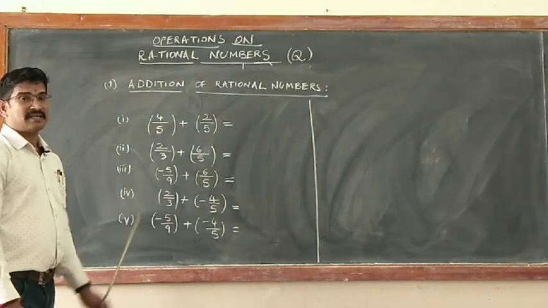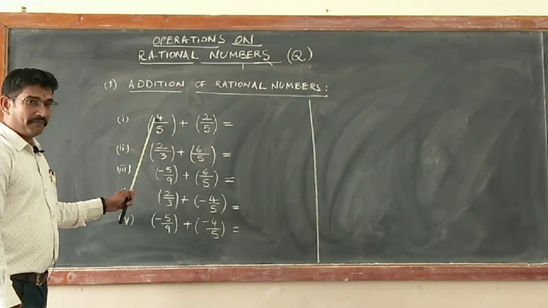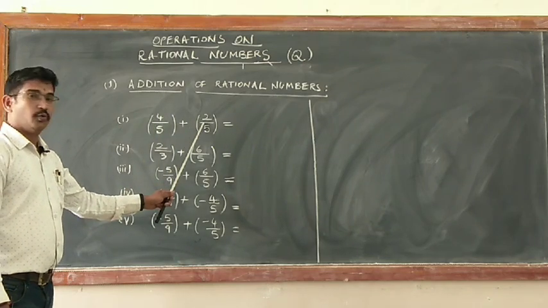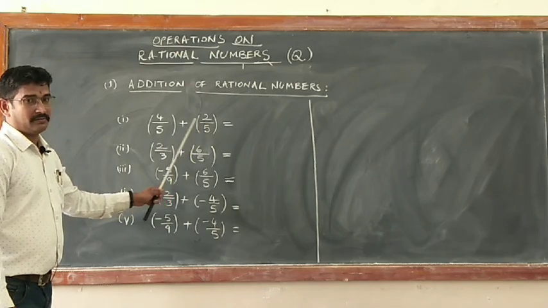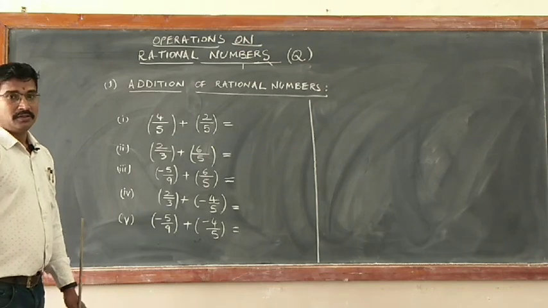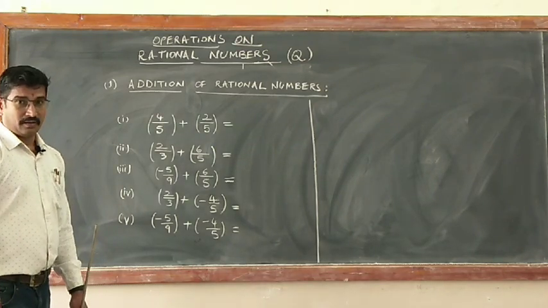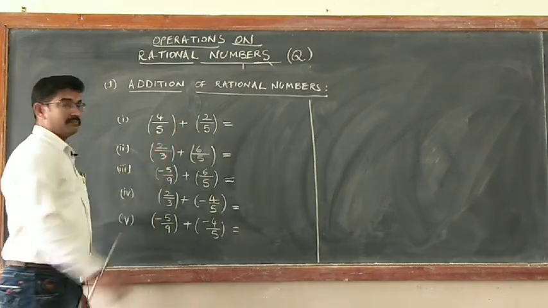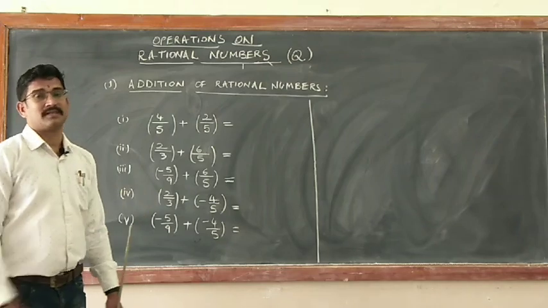Now, in the first example, I have 4 by 5 added to 2 by 5. You can recollect both these rational numbers are positive in nature. When we add both positive rational numbers with the same denominator, what will be the result?